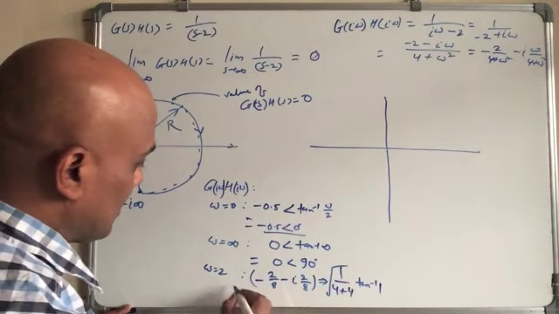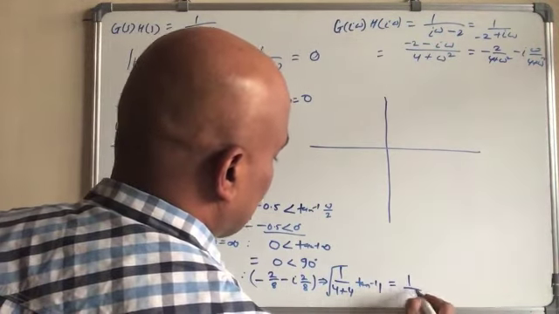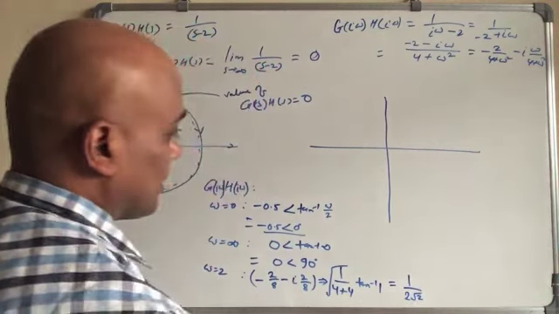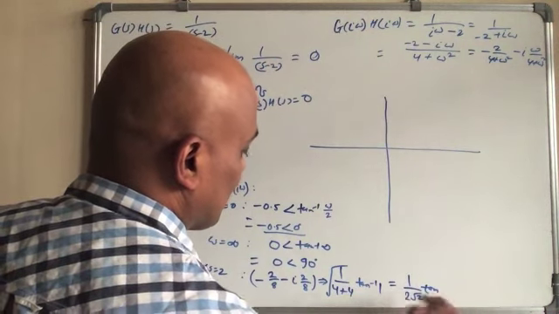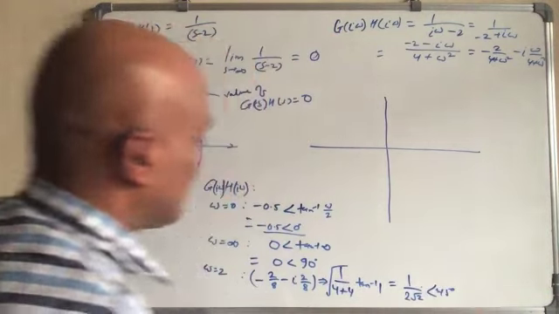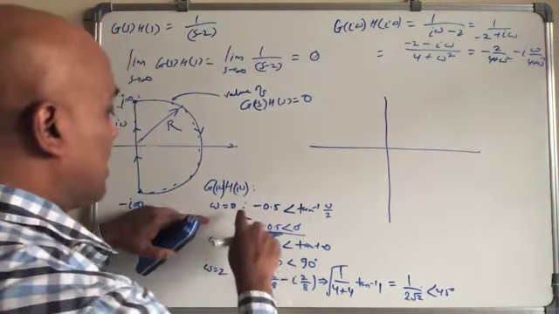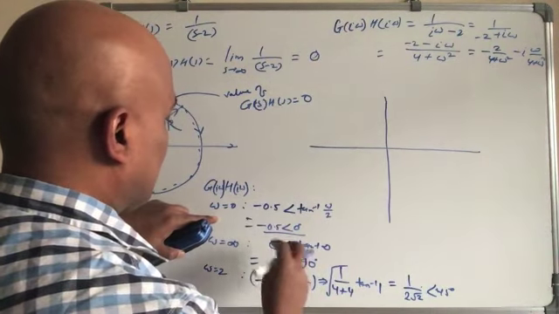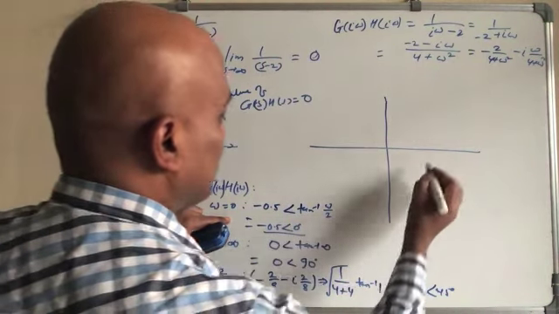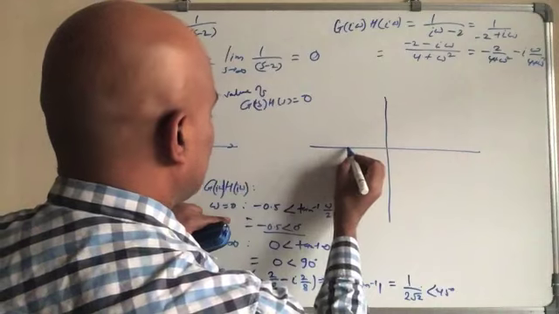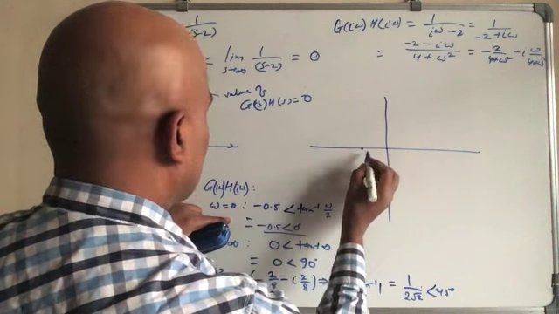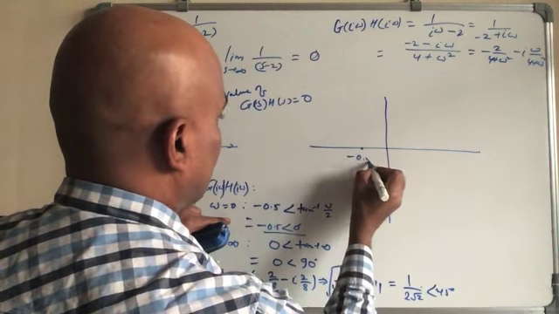So what we get is simply equal to 1 over root 8, so 1 over 2 root 2, and the angle is 45 degree, right? So this we can plot. So ω equal to 0, then we have 0.5 and angle is 0, so this is minus 0.5. So we have minus 0.5 here.